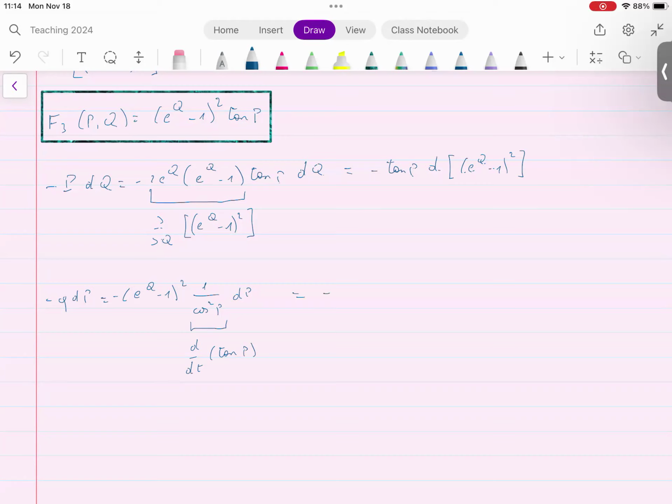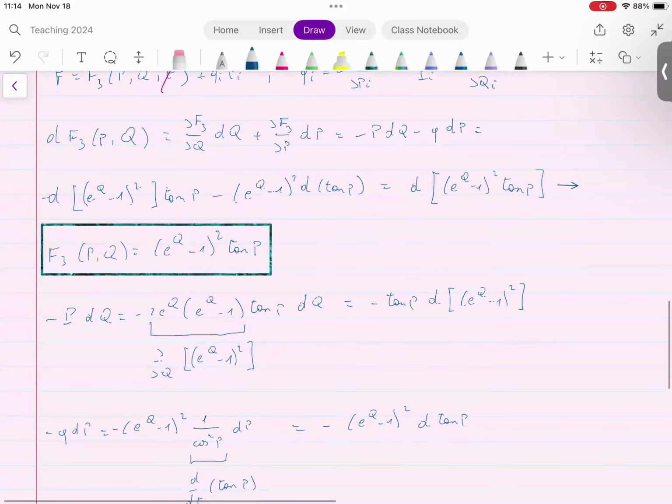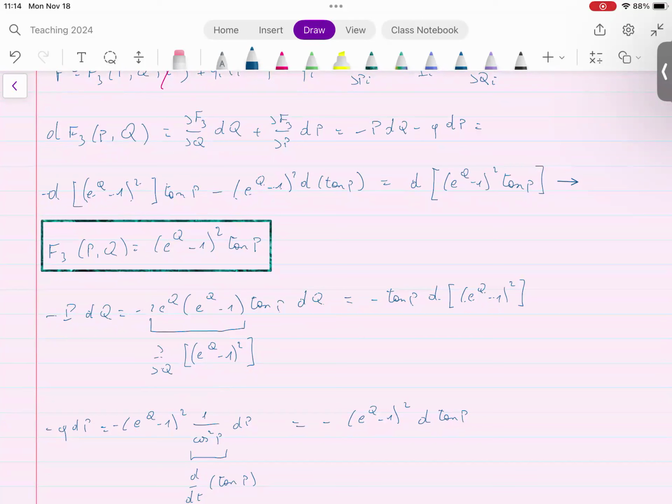Plus or minus sign, so the whole thing is minus e to the Q minus 1 squared times the differential of the tangent of p. And putting the two together, we get the F3 expression we have above. I mean, that's where we were. Okay, and then maybe I lost a minus sign there. So sorry about that.